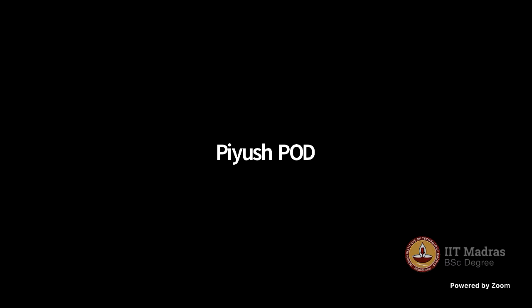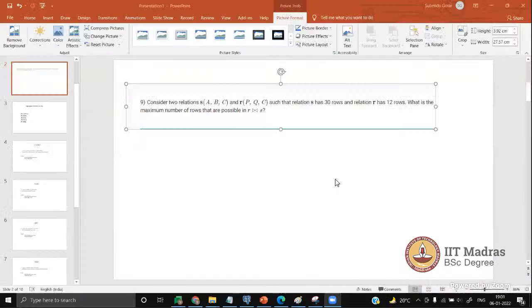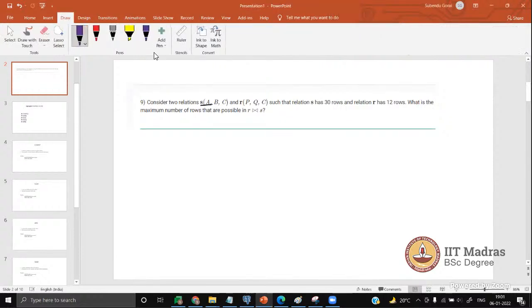Yes. I'm sharing my screen. Consider two relations R(A, B, C) and S(P, Q, C) such that S has 30 rows and R has 12 rows. What is the maximum number of rows possible in R natural join S?